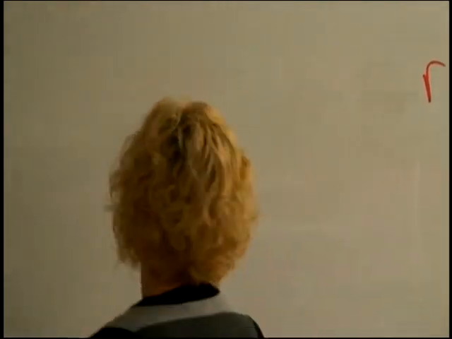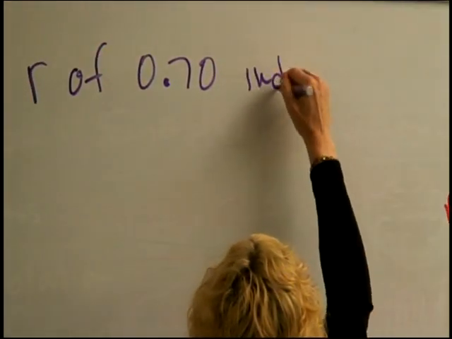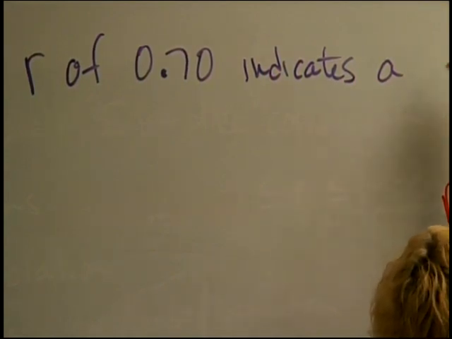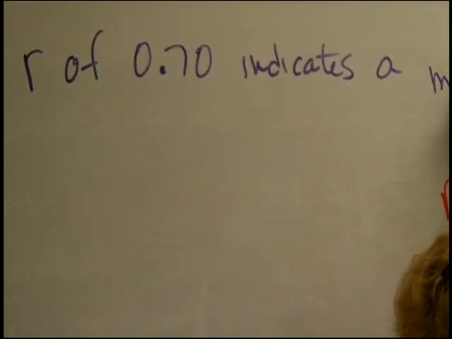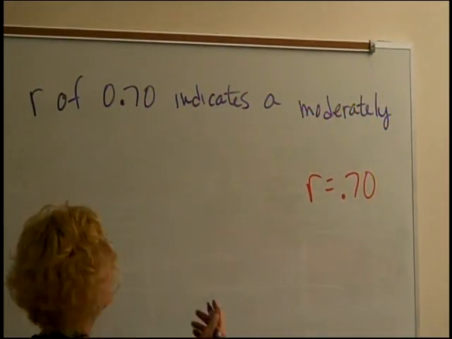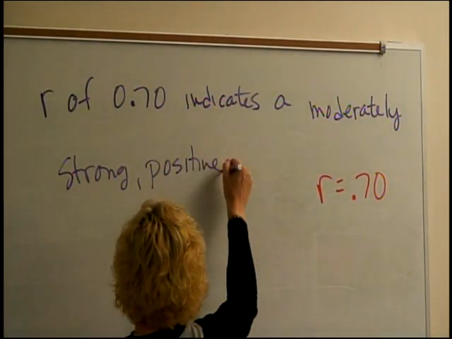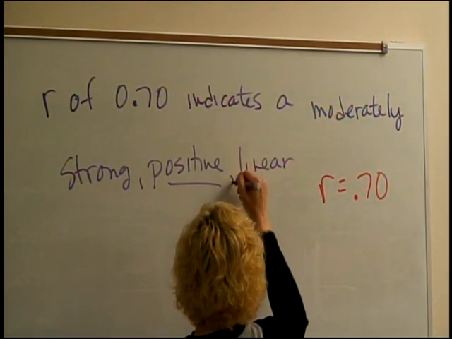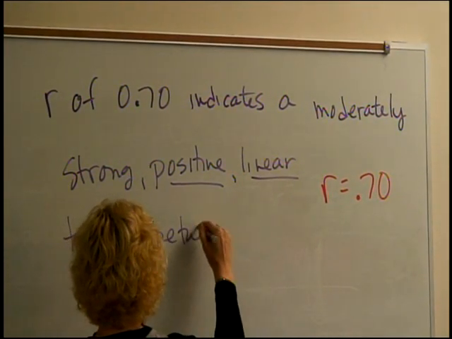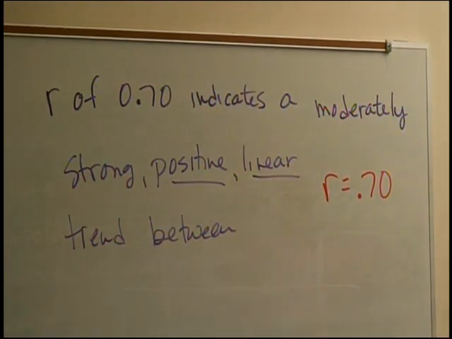R of .70 indicates a, what did I say, moderately? You just say pretty strong, moderately strong, positive, linear trend between, and remember this is an application, so it's between bear weight and bear length.